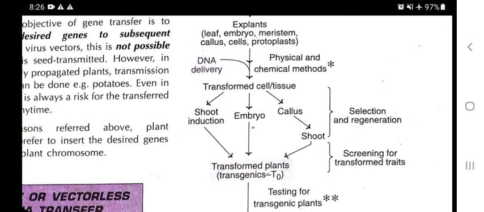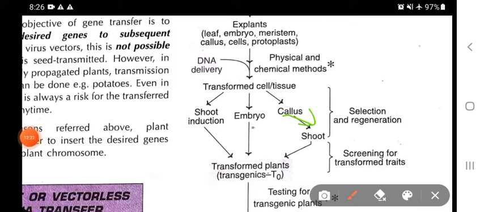This callus will eventually differentiate into shoots by changing the composition of the nutrient medium where the plant cell is growing. During this process, selection and regeneration is also done to check which of the callus tissues or plant tissues has been transformed with our desirable DNA.